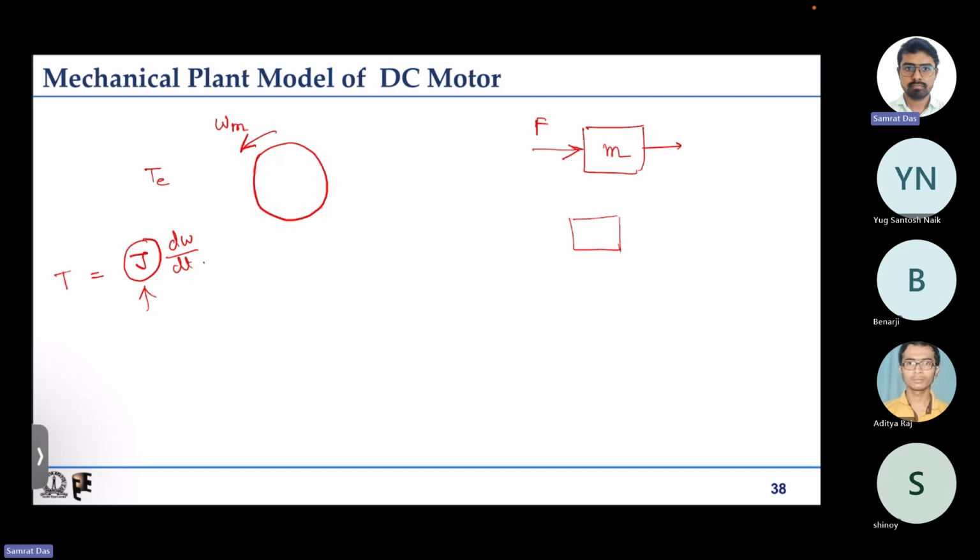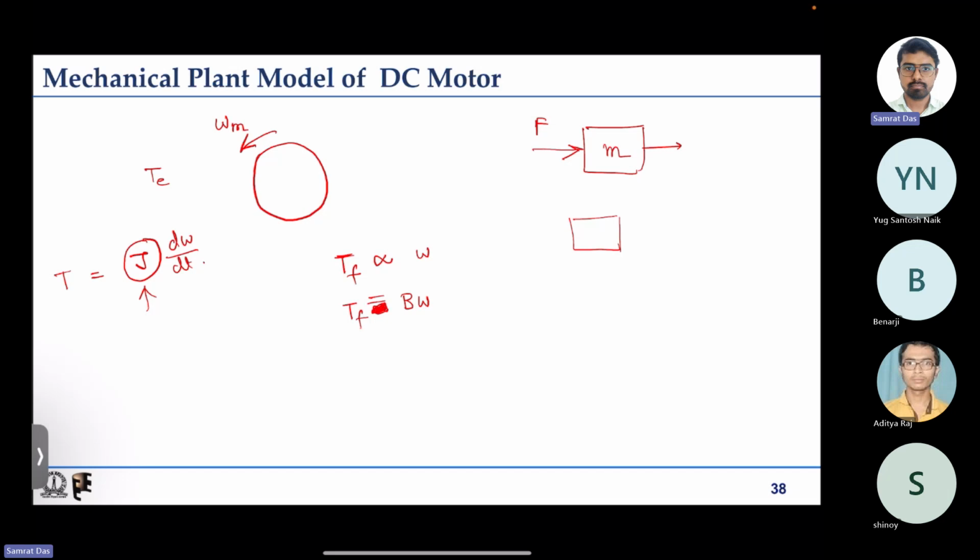Now additionally, what else will be there? For any practical system, there is some friction. Friction is something that will try to oppose the motion. For a more simplified case, the frictional torque, say Tf, is generally considered to be proportional to speed. It is a damping torque. The proportionality constant of frictional torque can be represented with B, so Tf equals B omega.